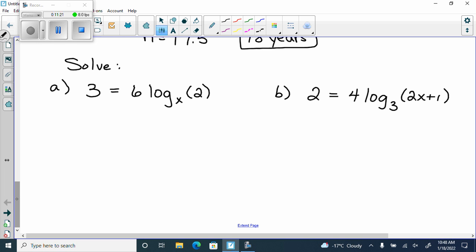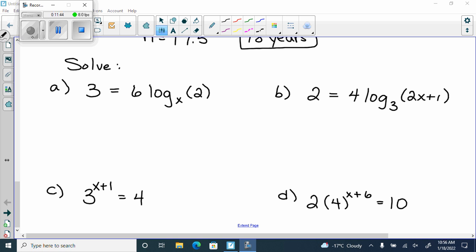Divide the 6 over, divide the 4 over, right? C, 3 to the x plus 1 equals 4. And D, 2 to the 4x plus 6 equals 10. You solved those in the other review.